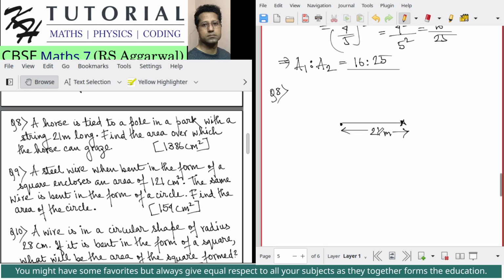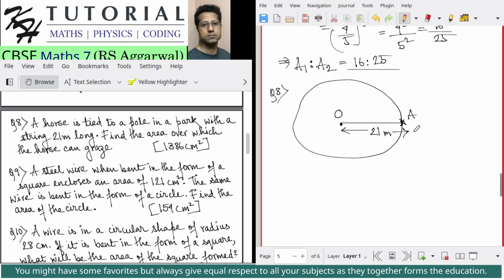Now the maximum area that the horse can graze is nothing but the circle formed if you consider the point of the foot of the pole as the point O, this will be the center. And let's say OA is the string, A is the horse, so OA is the string. So the maximum area the horse can graze will be the area of the circle whose radius is OA and whose center will be O. So basically this kind of circle it will form.